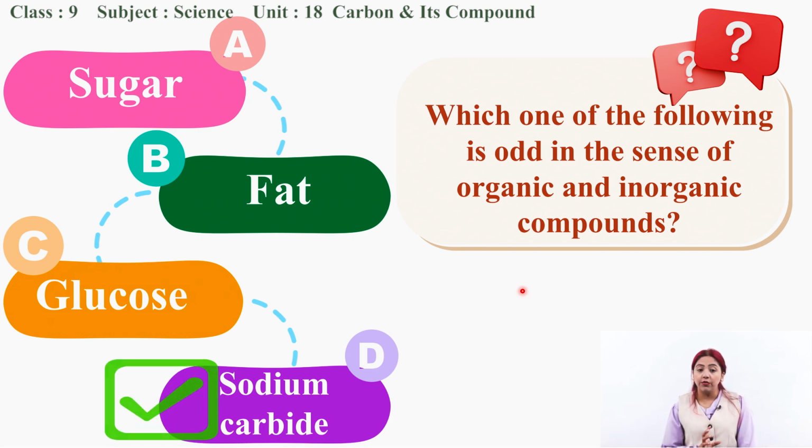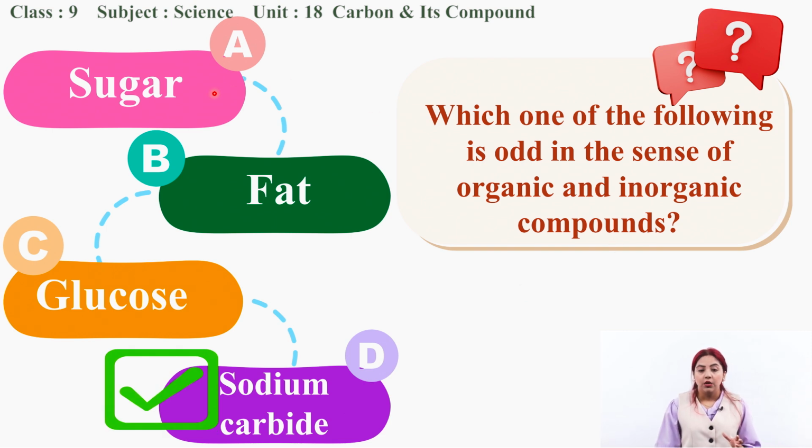Yes, it's option 4. Sugar, fat, glucose, and sodium carbide all contain carbon, so they should have been organic compounds. But carbides are the exception of organic compounds.